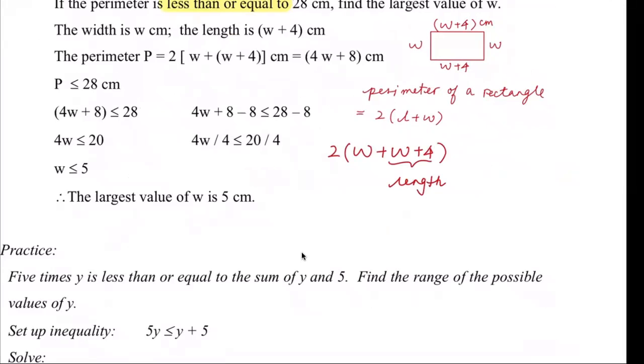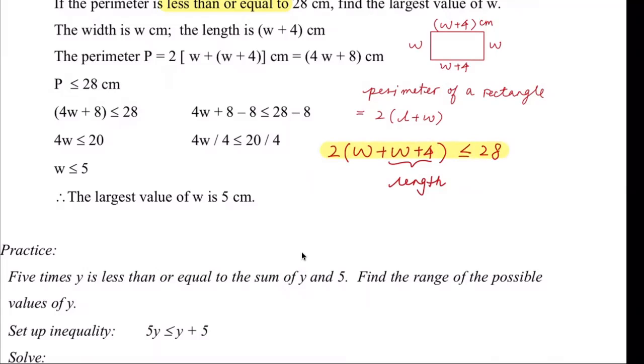This expression represents the perimeter of the rectangle in this question. And the question says the perimeter of the rectangle is smaller than or equal to 28. So this is the inequality that we should write based on the information given in this question.